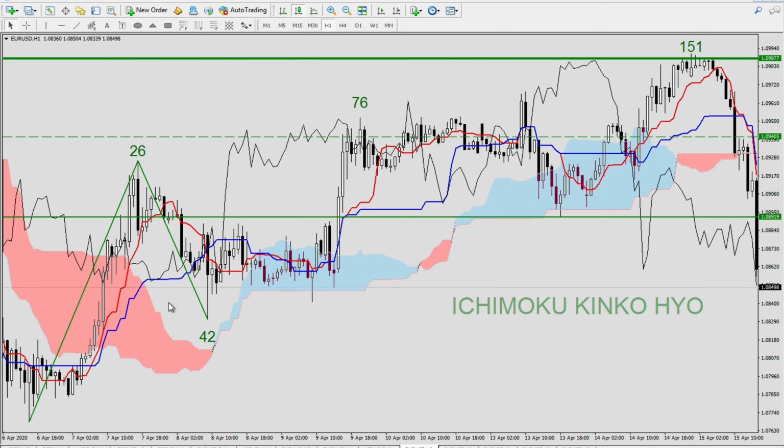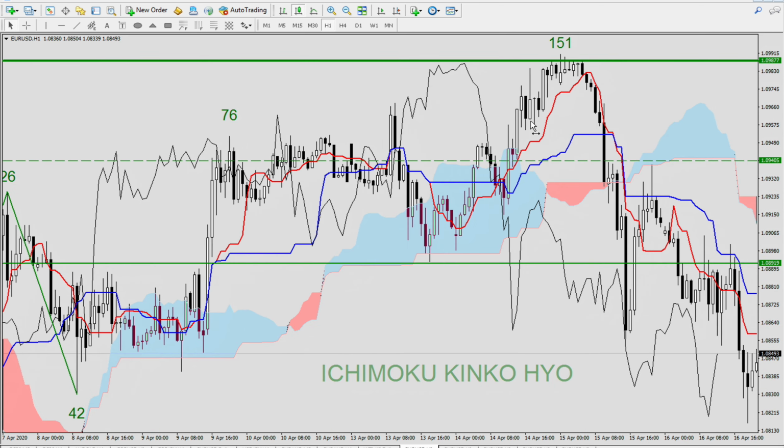What we can see as well is that we have a break through the Kumo, then a retest of the Kumo, consolidation, still retesting the Kumo, and then a beautiful, powerful breakout through the Kijun and Tenkan, and we have a nice trend up.